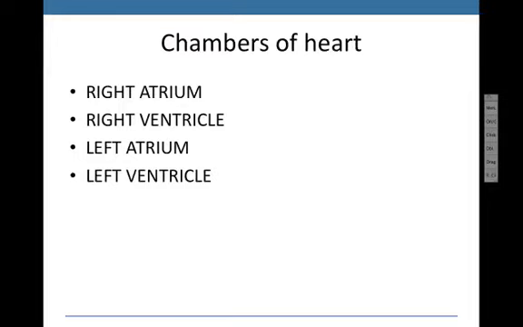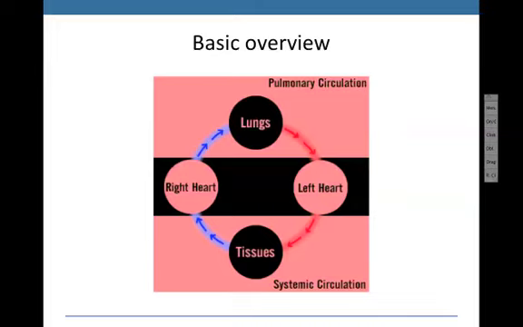Now, this is coming up in a following picture that we'll be looking at. If you want to look at a good picture of the heart, go to page 499. 23.4 is the figure, and you could see where the atriums are. There you have the right atrium and the left atrium, and then you have the two ventricles at the bottom.